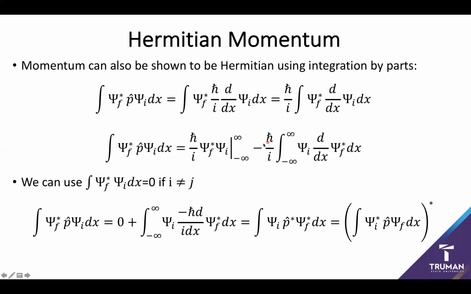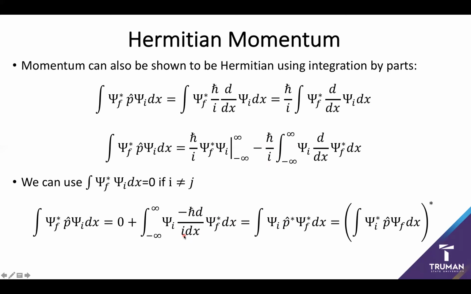I can now bring my negative h bar I inside my wave function. And then what we'll find is that you'll notice this function is now the same thing as the negative of the momentum operator.